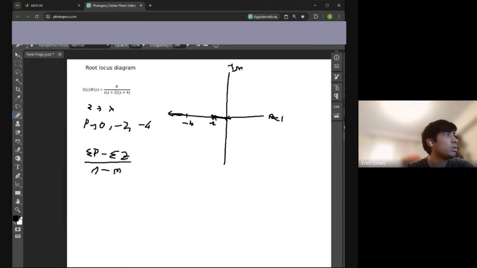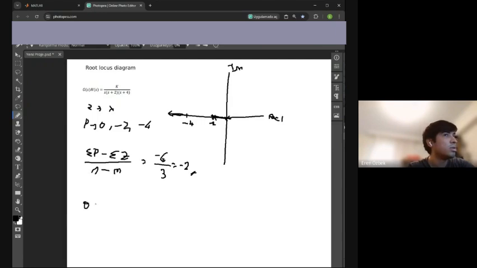We have 0, -2, and -4, which sum to -6. We have three poles and 0 zeros, and we find -2. All asymptotes pass through -2, something like this.